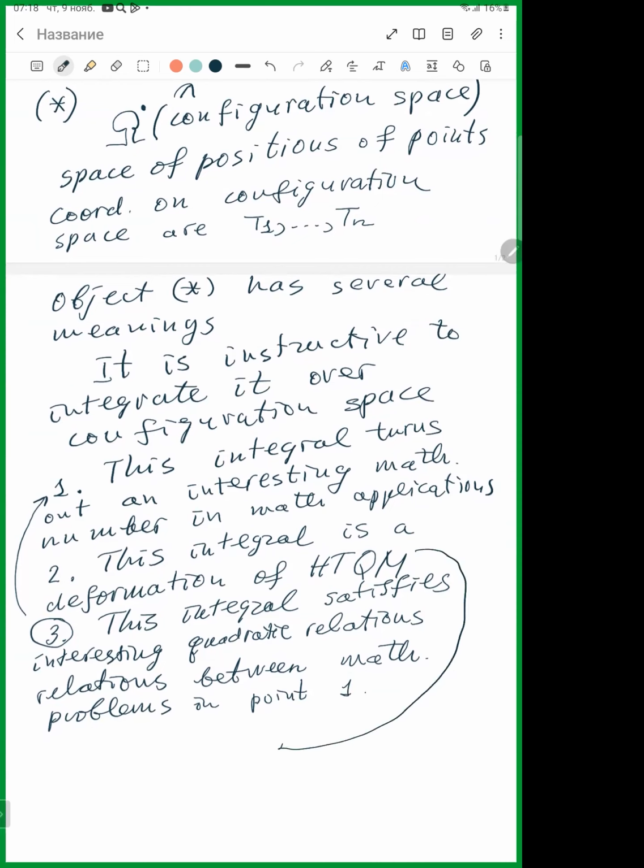At the same time, point number 2 says, so I will say it in advance, it is a key to mirror formulas.